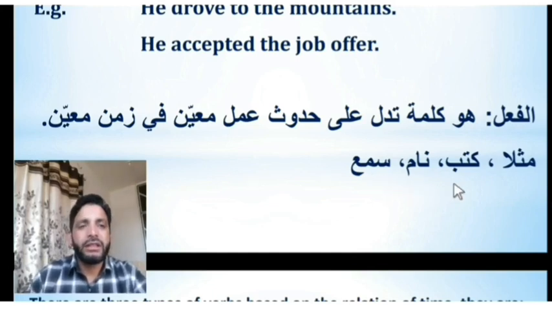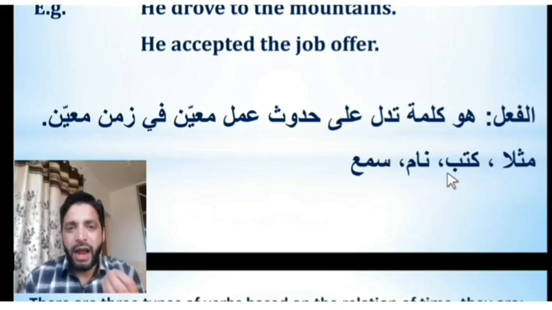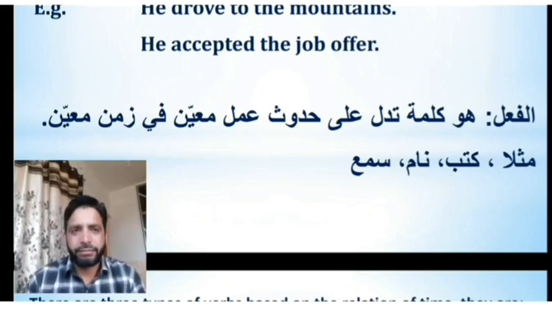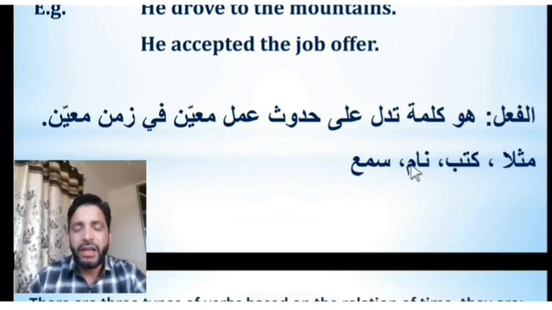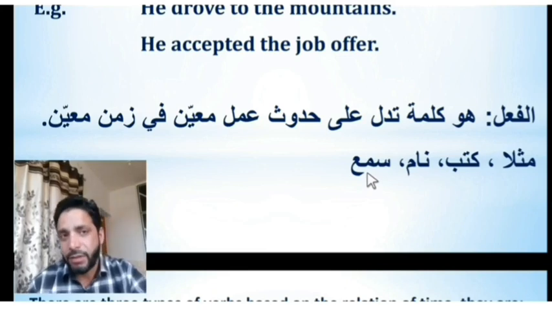All these 3 words represent some action in a particular period of time. In the first, kataba, he wrote, the action of writing is done in the past. Nama, the action of sleeping is done in the past. Similarly, sami'a, the action of listening happens in the past.